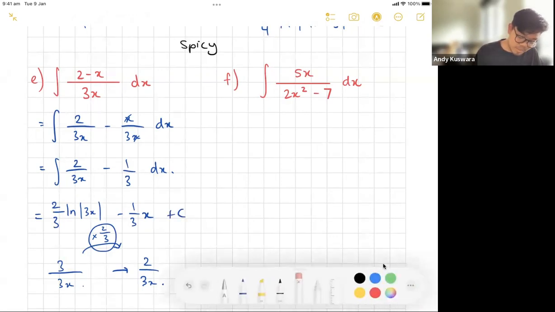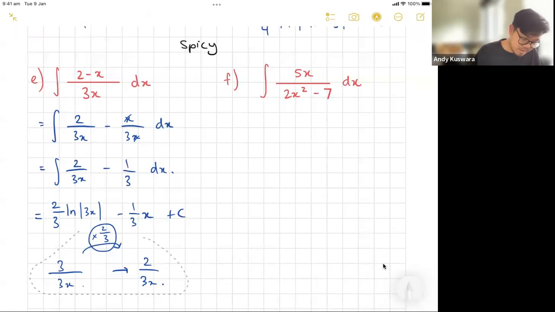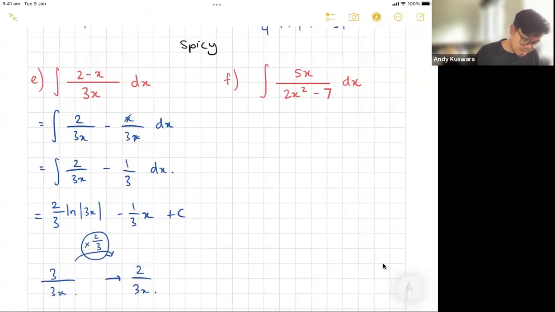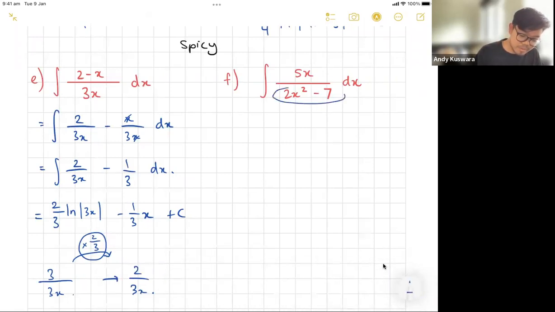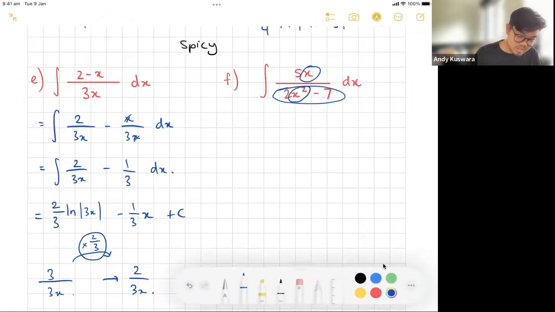I'll keep this down here so you can see what I did. This one here is going to be somewhat similar. I'm going to look at the bottom here. All I'm seeing is if I derive my x squared, I do get some sort of value of x, but it's going to be slightly off, so I'm going to have to make some adjustments.